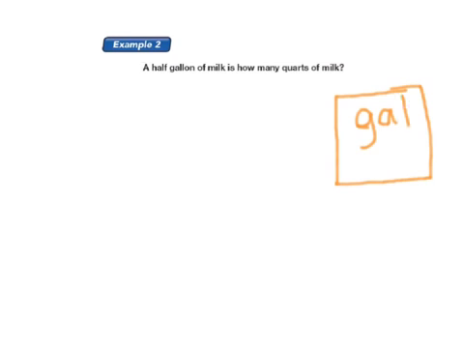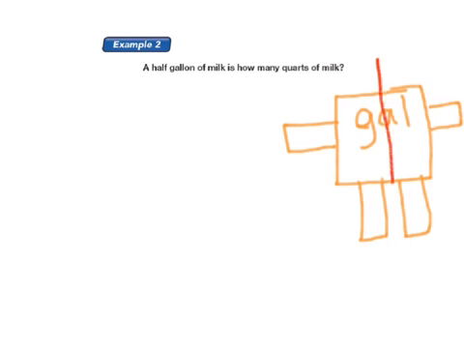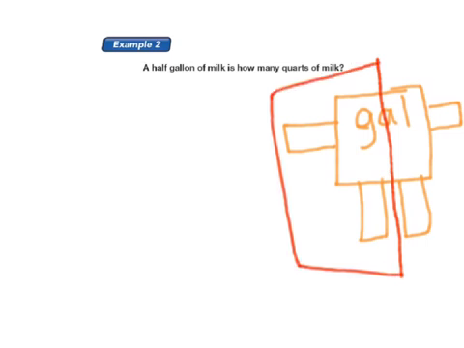And I know that there are 4 quarts because he has 2 arms and he has 2 legs. So if I wanted to cut gallon man in half, I'm going to do a little surgery here. Okay, and I just want to know how many quarts are in half of him. That would be this side.